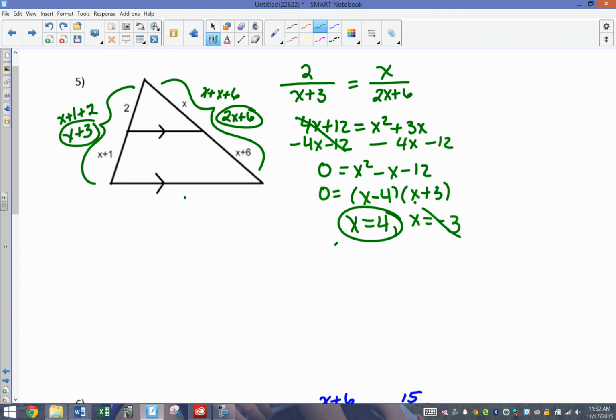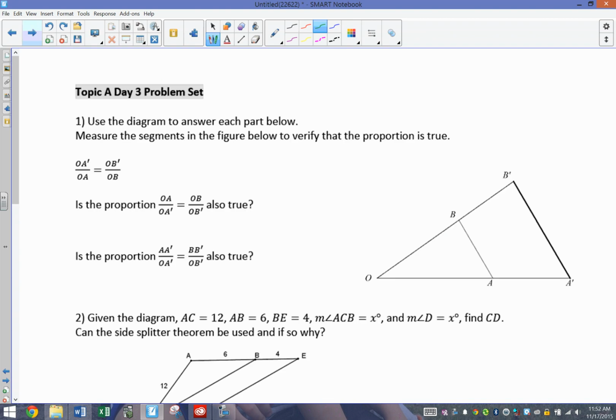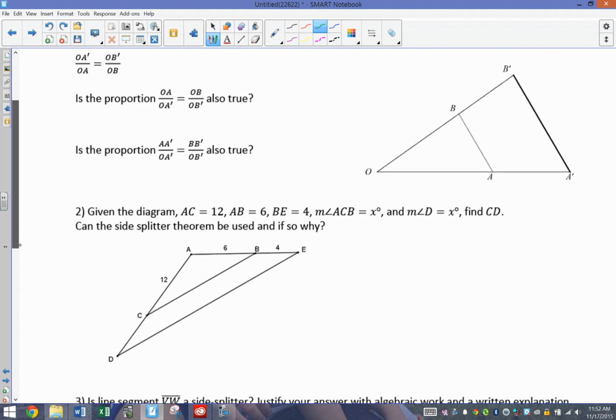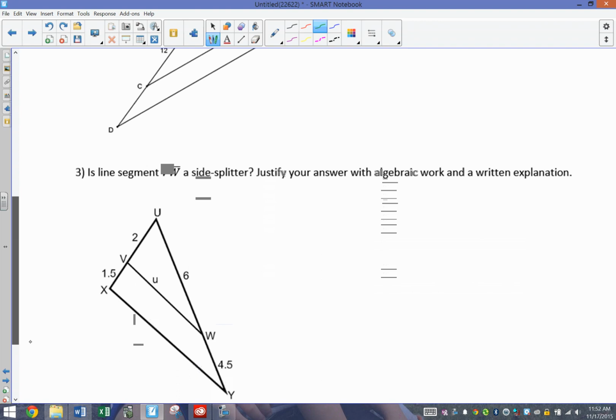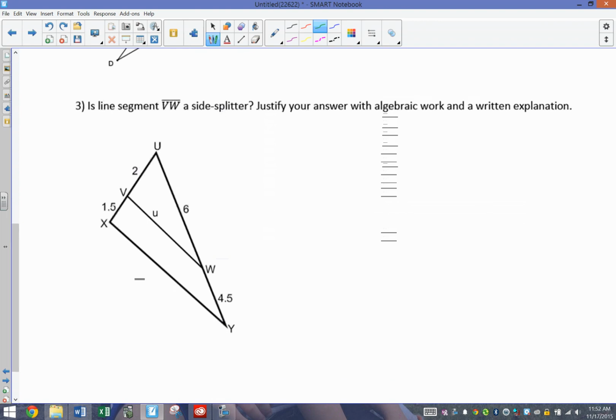Ta-da! Okay, now, in this problem set here, there's a couple that are kind of unique. So I'm actually going to do 2 of those with you right now. So if we look at, say, number 3, is VW a side splitter? Something is a side splitter if you knew that this is parallel to that, which I don't know, so I can't use that.